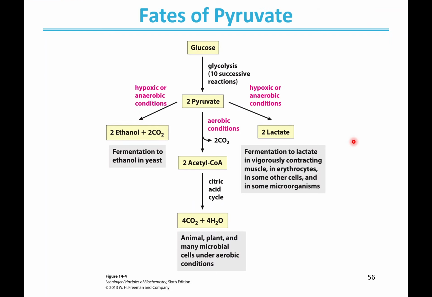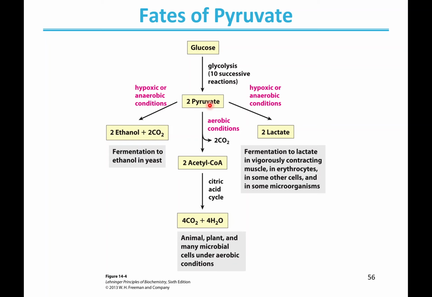Okay. So, fates of pyruvate, and we'll be talking about these in the next lecture and also in chapter 16, and 19, really. So glucose going through glycolysis gives you 2 molecules of pyruvate.